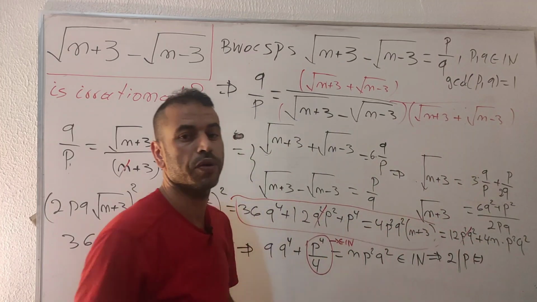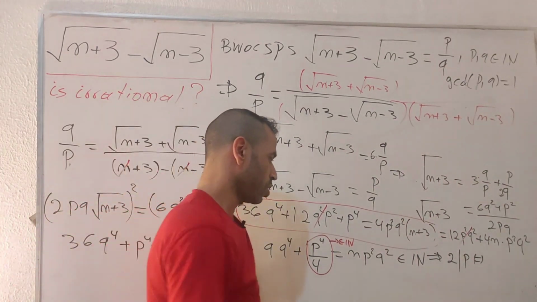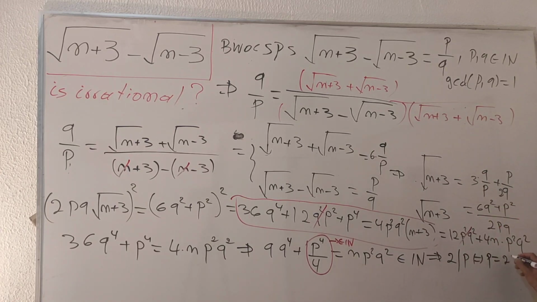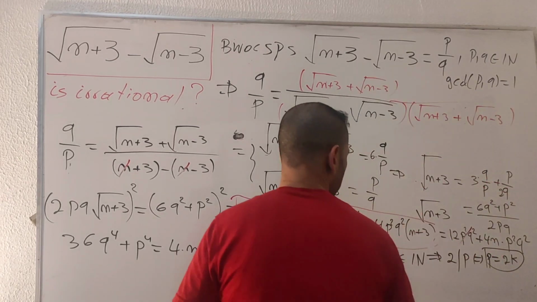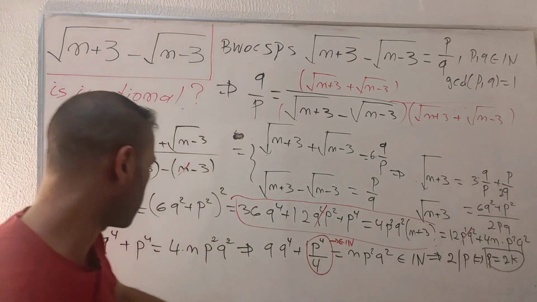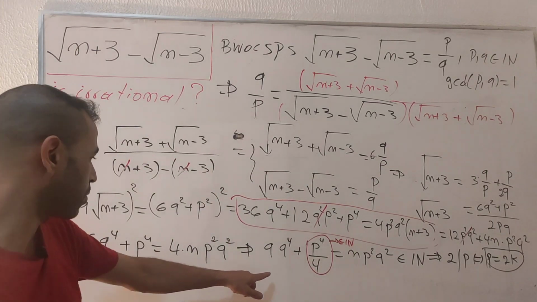So if 2 divide p according to the divisibility statement, which means p is going to write on this form 2k. Okay, which means p is a multiple of number 2. Okay, let's take this value of p and insert it back in the same equation that I have here.